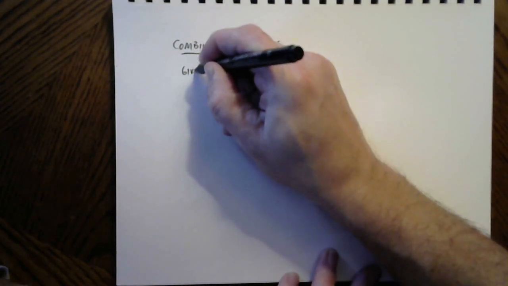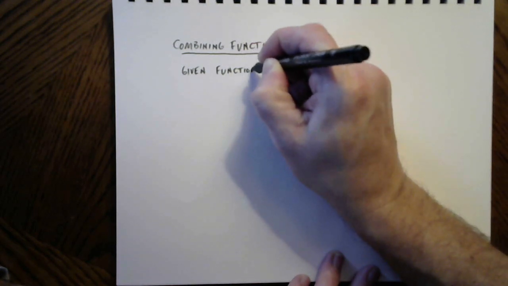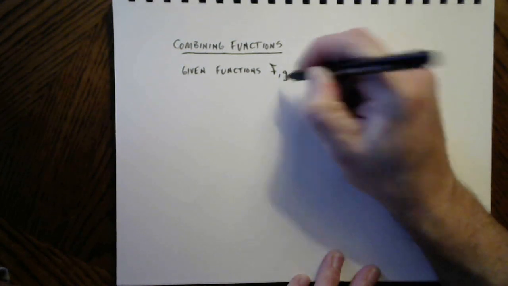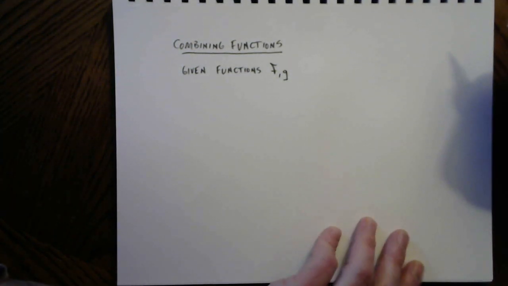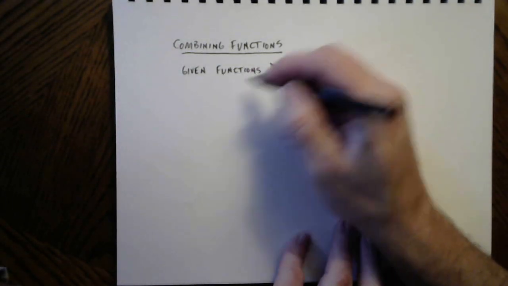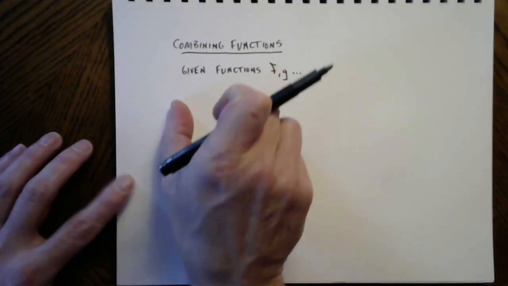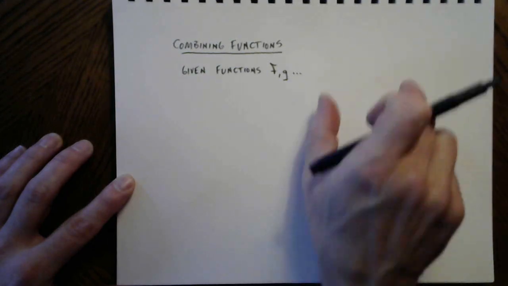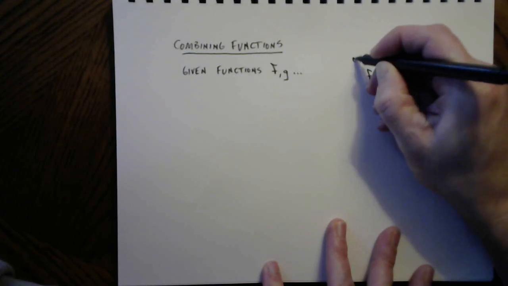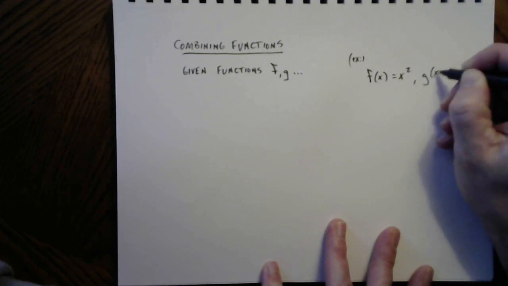So given, we're going to have two functions, F and G. We're going to create, so what I'll do the same thing. This is what I'm defining. This is my example. So for the examples, let's say F is something simple like x squared and G is something simple like x cubed.